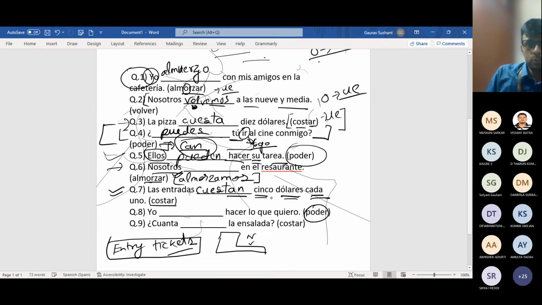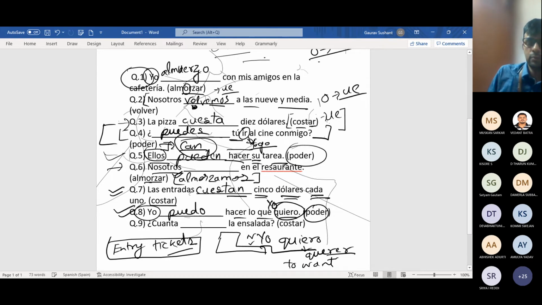Next one, again the verb is poder, the subject is yo, so it will be yo puedo hacer lo que quiero. Can anybody try and tell me what could be the meaning of this? Just a wild guess, because here quiero is coming from querer, which is a stem changing verb, which means to want. So it is basically yo quiero.